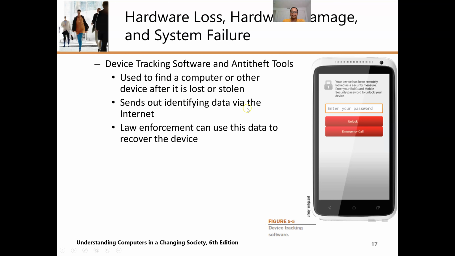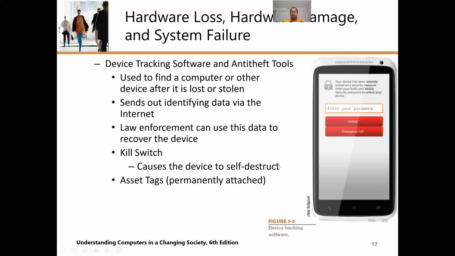So it sends out the identifying data via internet, provided the mobile phone is switched on. So law enforcement can also use this data to recover the device. There is something called a kill switch, which causes the device to self-destruct.